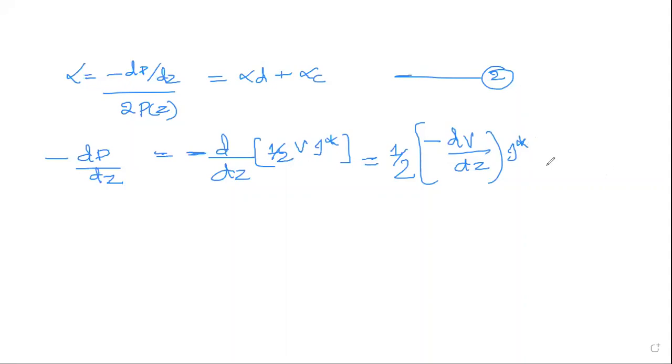The next term is plus half into, I have differentiated V, now I should differentiate with respect to I, so it is minus dI star by dz into V. Just apply the UV rule, that is differentiation of UV: half into minus dV by dz into I star, half into minus dI star by dz into V.